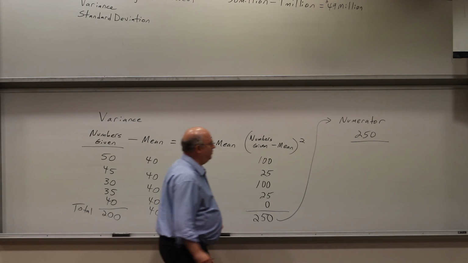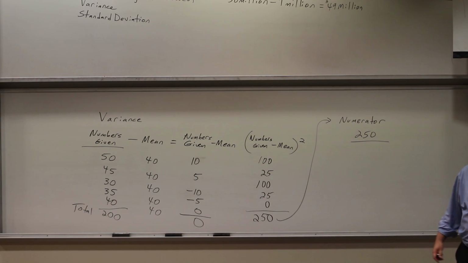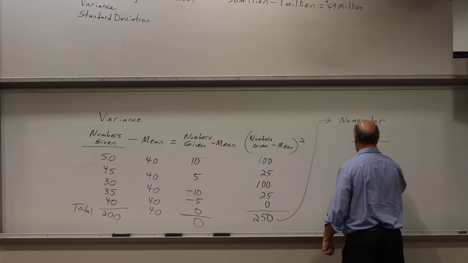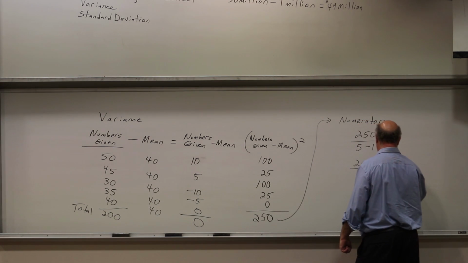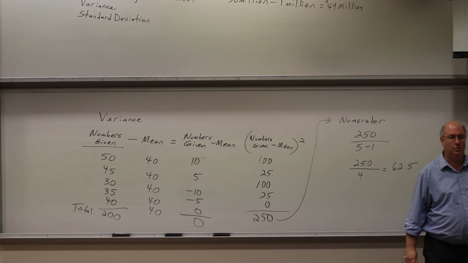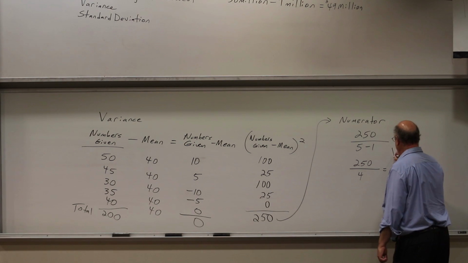So when we have a sample, we take how many, in this case, hockey players we have, and subtract 1. Okay, so we divide by 4, we get 62 and a half. That is our variance.